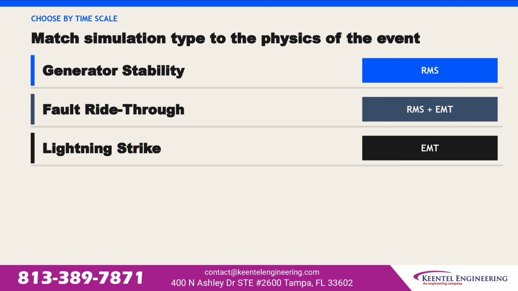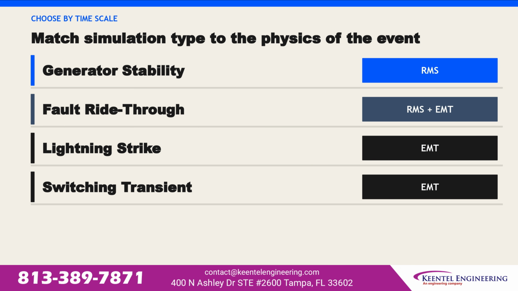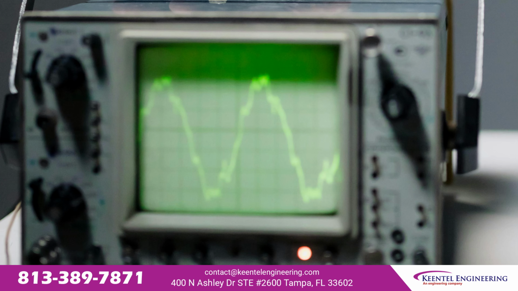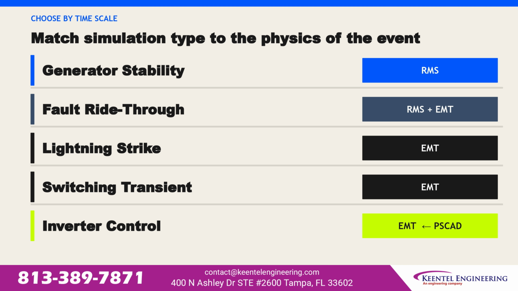The transient is nanoseconds to microseconds, completely invisible to RMS. Switching transient: EMT only. Same reasoning. Inverter control: EMT, specifically PSCAD. This is the highest stakes category. Inverter control dynamics are where most IBR interconnection failures originate, and they require full waveform resolution to find.